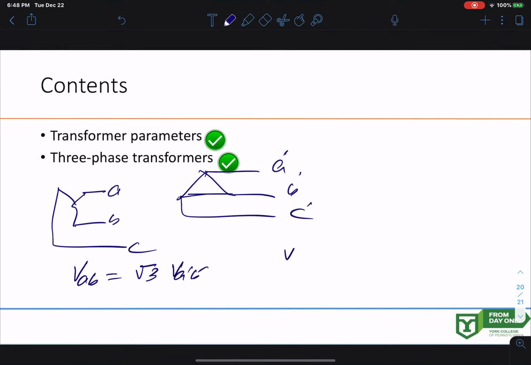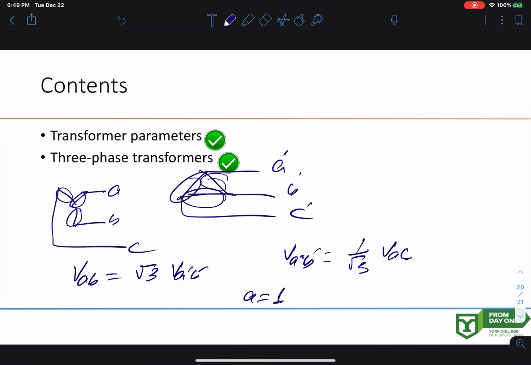Or the other way around, VA'B' would be 1 over square root of 3 times VAB. And we're assuming that your turns ratio a is 1. That means each of the phases over here has the same turns. So each phase over here, this phase and this phase, has the same turns and so on. If your turns are different, then it also adds to the square root of 3 value. All right, that's all for today. We're going to see you in class.